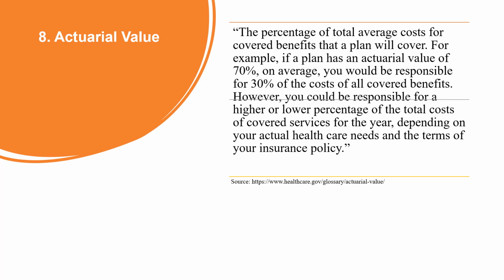Things can change a bit based on your needs and the terms of your health insurance policy. However, that's the general definition. So all healthcare plans out there that are offered by employers have to provide at least 60% actuarial value.